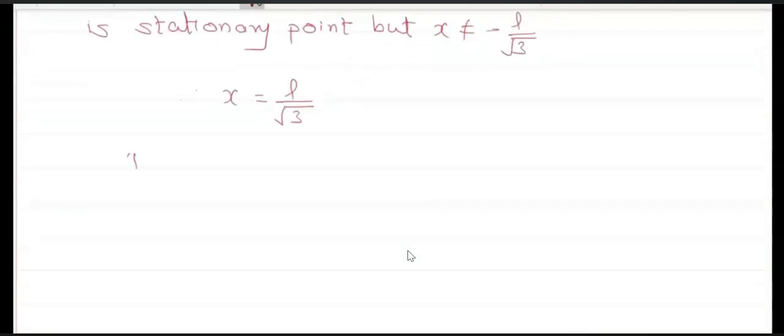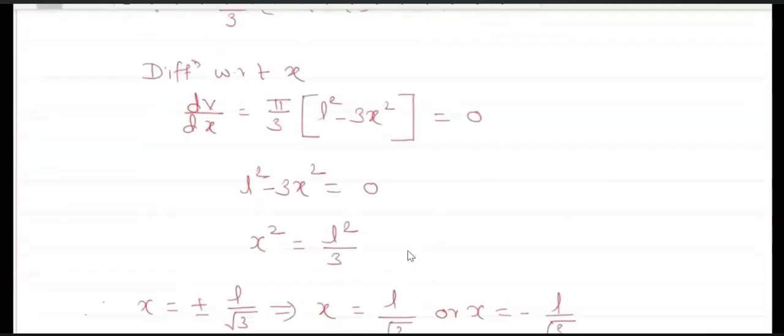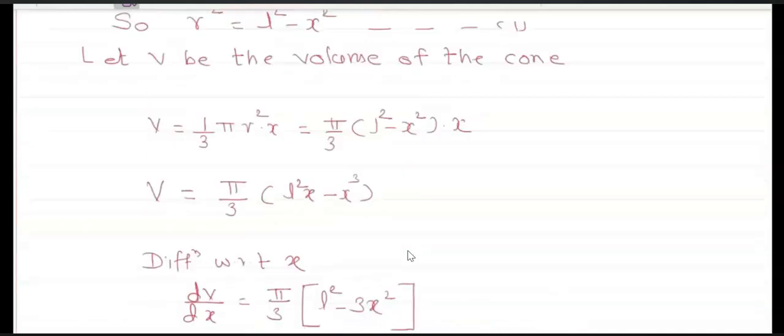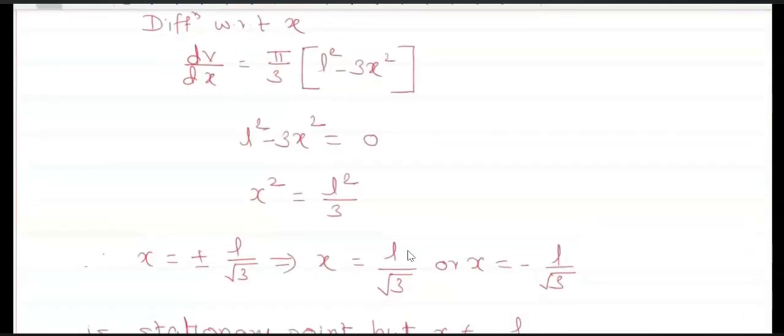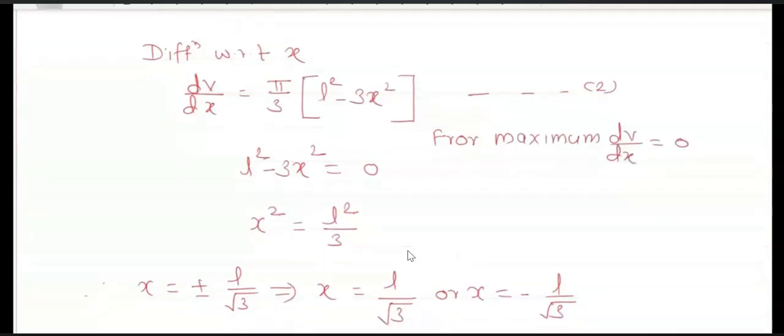Now this is our first part. Again, differentiate with respect to x. That is, we find the second derivative, d2v upon dx square, for the maximum.